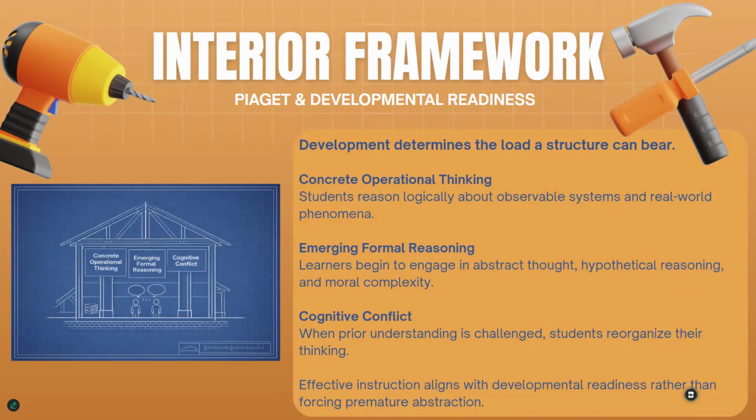Barlow's students show emerging formal reasoning, so they are engaging in abstraction, hypothetical thinking, and moral complexity. Cognitive conflict, so prior understanding is being challenged, forces students to recognize their thinking. Effective instruction does not force premature abstraction. It builds within their developmental readiness.